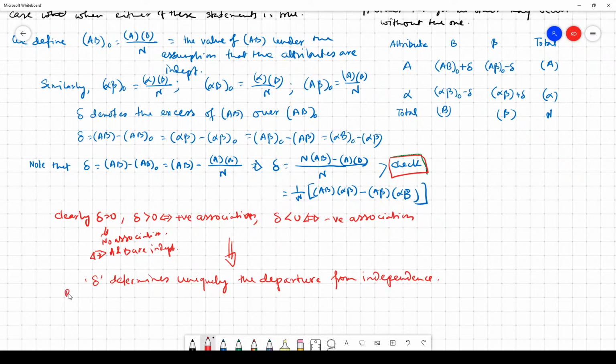But it may be of interest to measure the intensity of association.